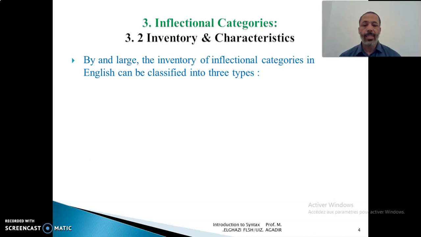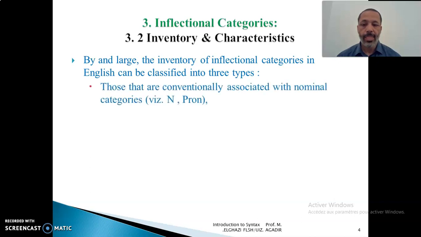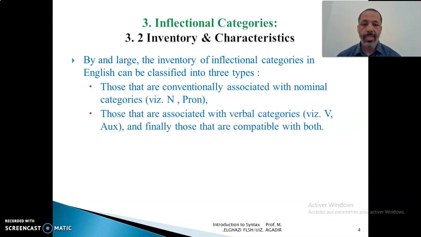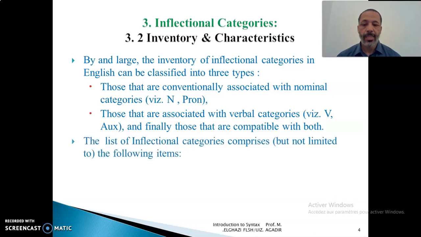Concerning the inventory of the inflectional categories, okay, the list includes basically many elements such as tense, number, gender, mood. So by and large, the inventory of inflectional categories in English can be classified into three types.